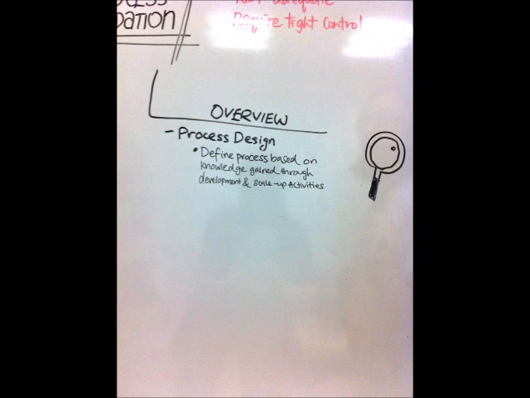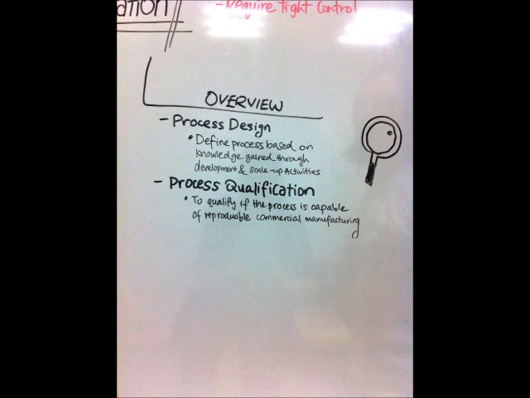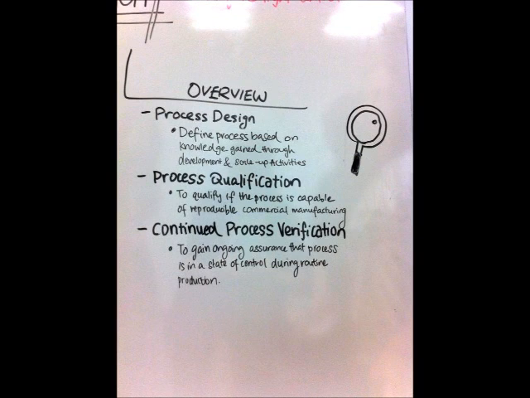The first one, process design, defines the commercial manufacturing process based on knowledge gained through development and scale-up activities. The second one is to evaluate the process design and determine if the process is capable of reproducible commercial manufacturing. And lastly, continued process verification is to gain ongoing assurance that the process remains in a state of control during routine production.